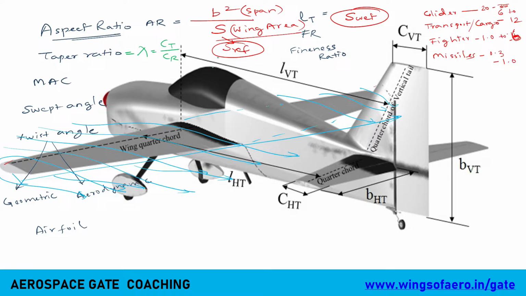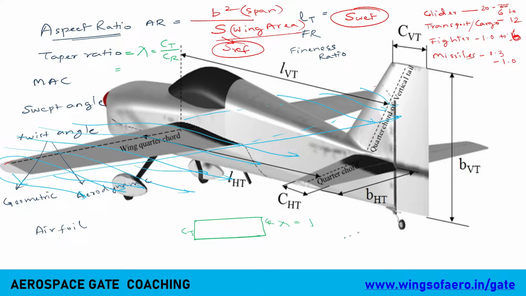Okay, so if you have a rectangular wing, what will be the taper ratio? 1, ma'am. Very good. It has to be 1 because the tip and the root are the same. So it will be 1.